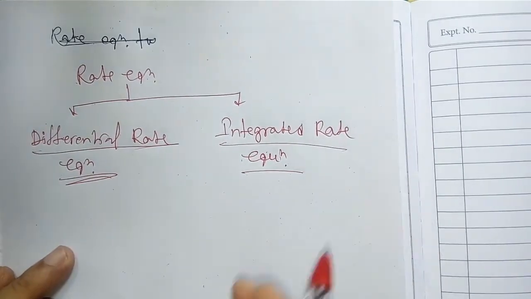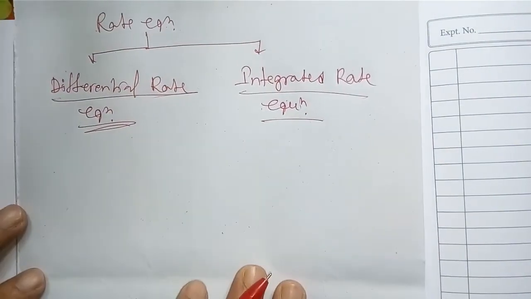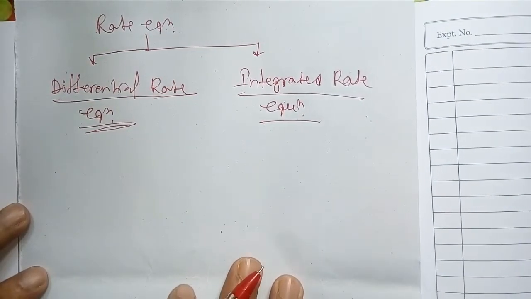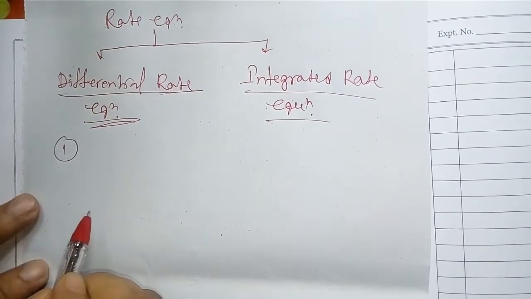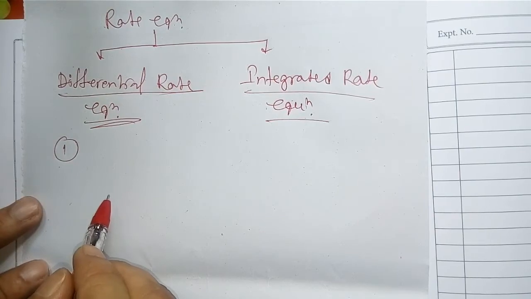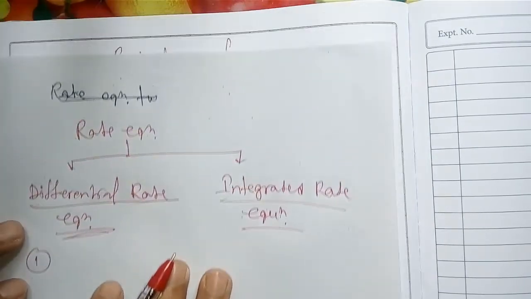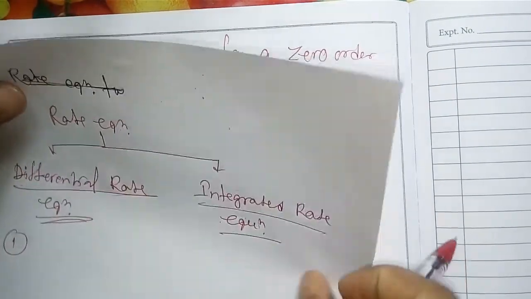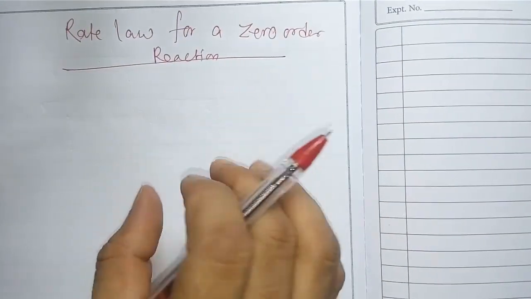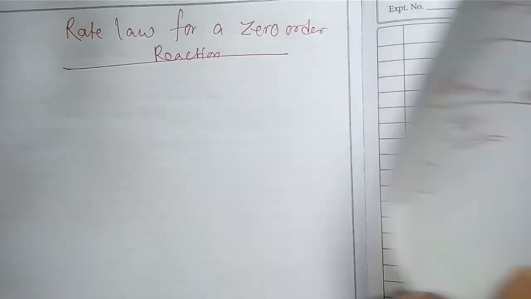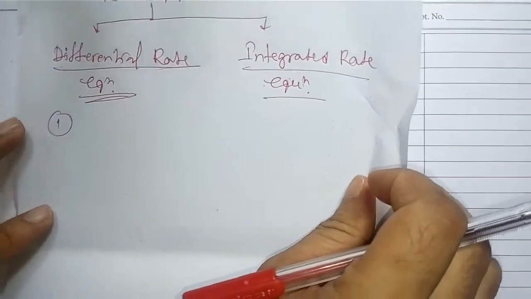First of all, the integrated rate law for a zero order reaction. Now this is for a zero order reaction. What is a zero order reaction?